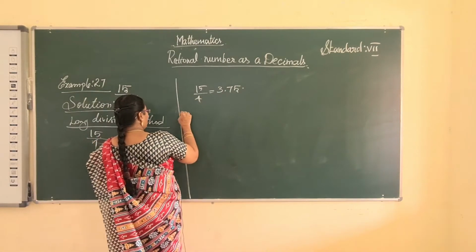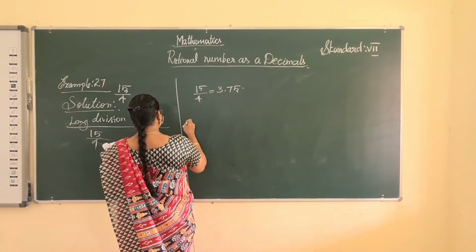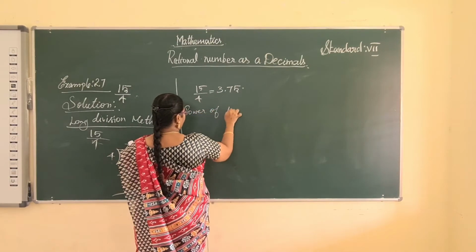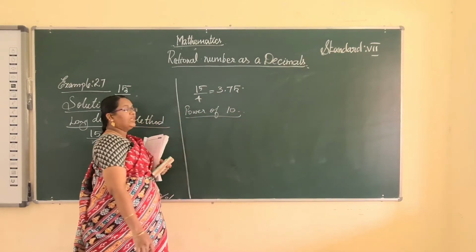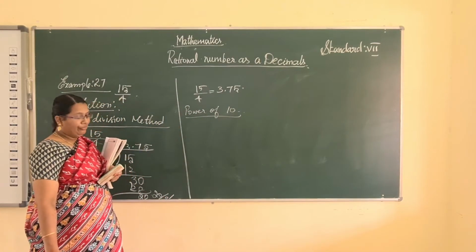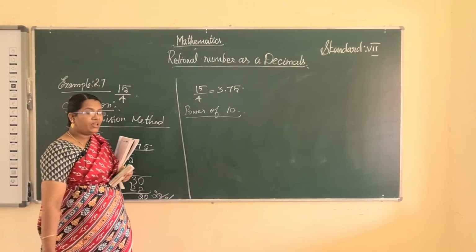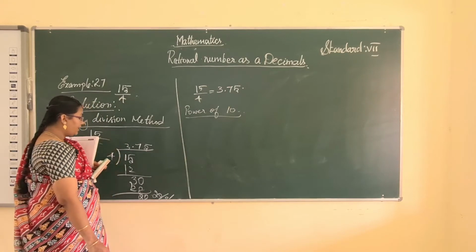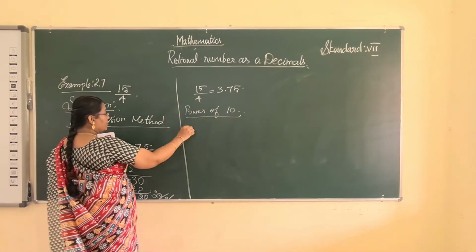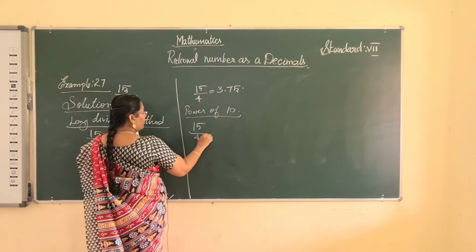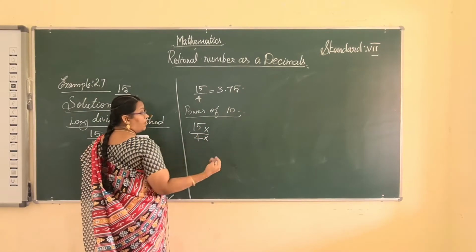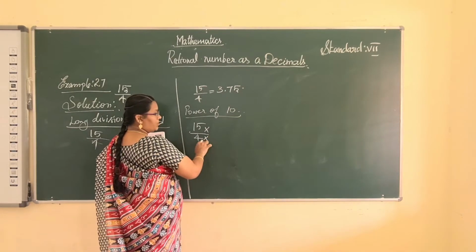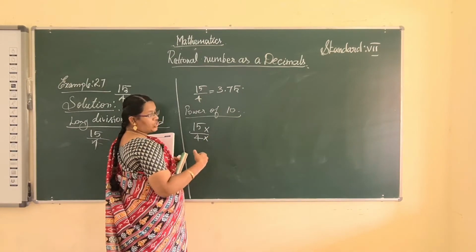Another method, what is that method? Power of 10. So the equivalent rational number with the denominator as a power of ten. 15 by 4: which number multiplied gives a power of ten? Here 10 is not possible, so the next power of 10 is 100.